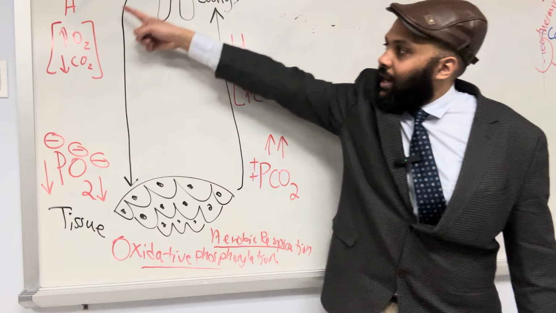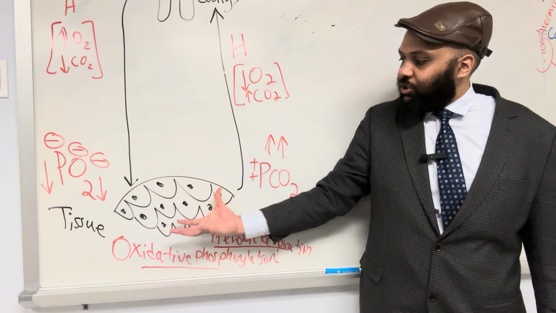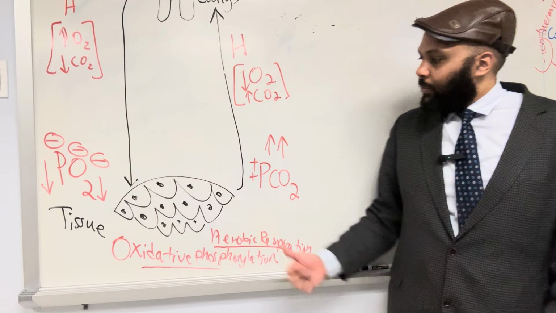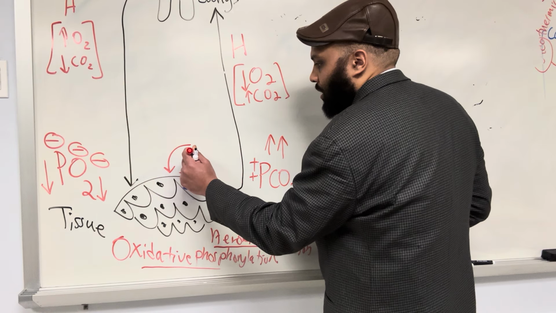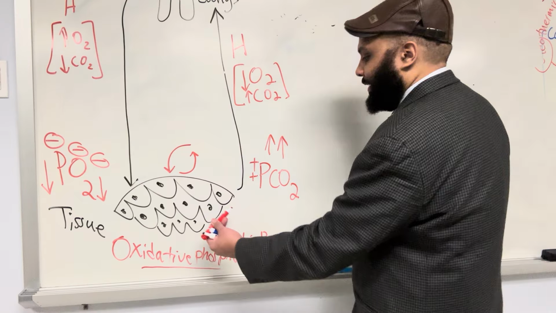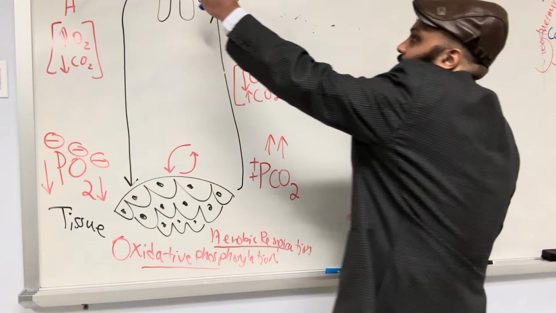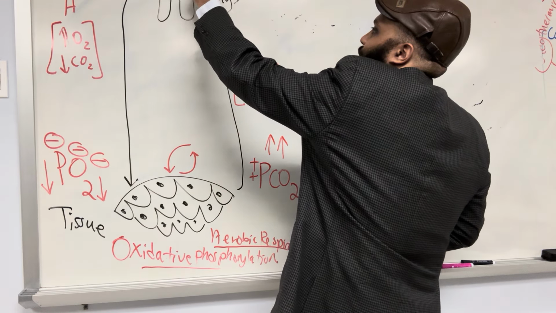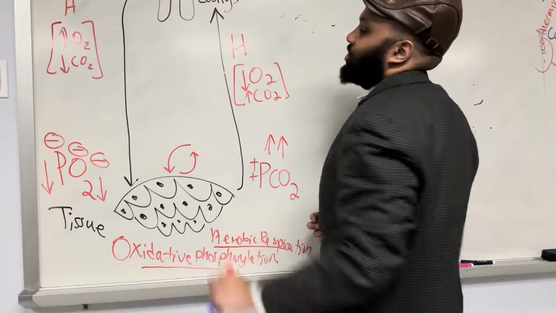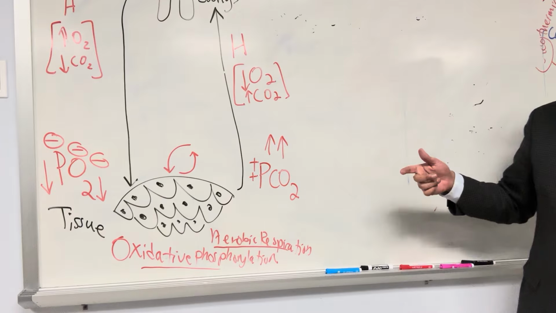Once you bring in high oxygen to the tissue, we're going to burn and use all of the oxygen and give the waste. And we're going to go up here. The lung is going to take all the waste, carbon dioxide, and throw it out and take in oxygen. And that's how it's going.